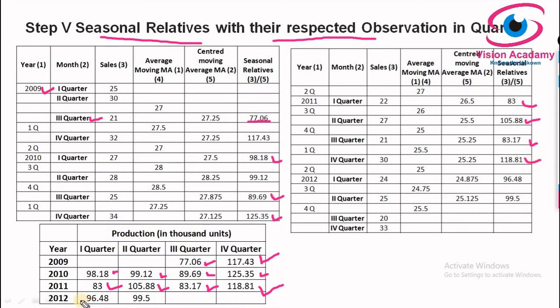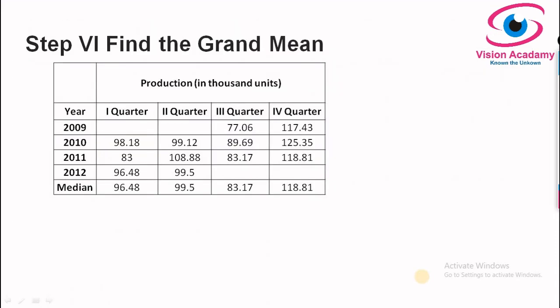Then 2012 first quarter is 96.48. Second quarter is 99.5. So in this way we entered all the seasonal relatives in the respective quarters, which is very essential for further calculation. That's why we have inserted the respective seasonal relatives in the respective quarters.